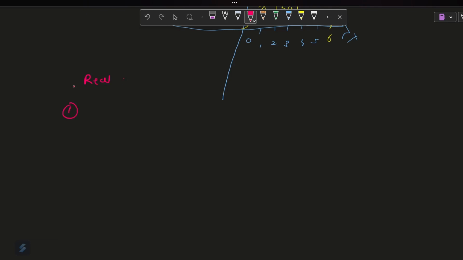This is the real world application. The first example is word embedding.